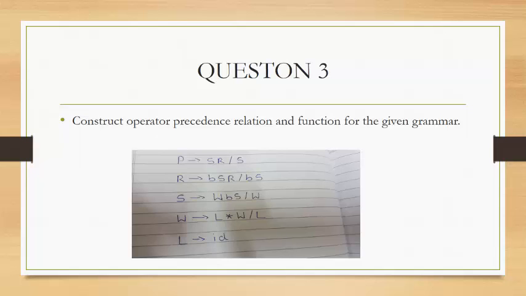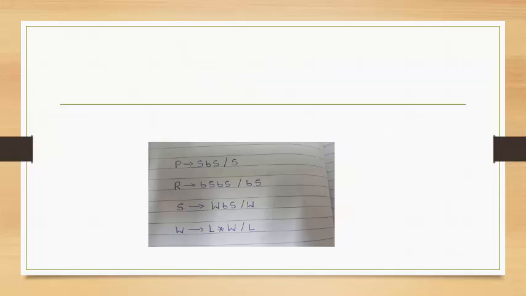So therefore this is not an operator grammar. Hence we have to convert it into an operator grammar. For that we use the various productions and we derive the grammar which does not violate the operator grammar rule. That is, there should not be adjacent non-terminals or variables. This is an operator grammar.